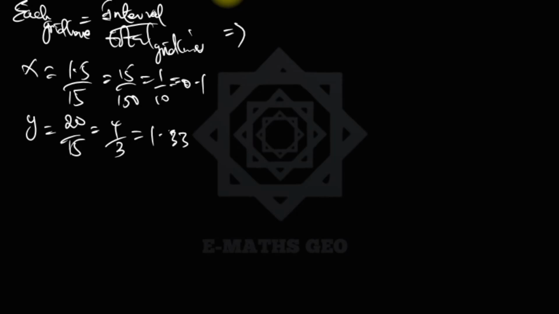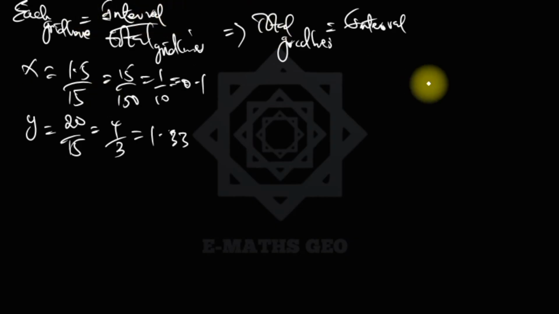Which implies that to locate the total grid lines that will give a particular value, we now do interval over each grid line.